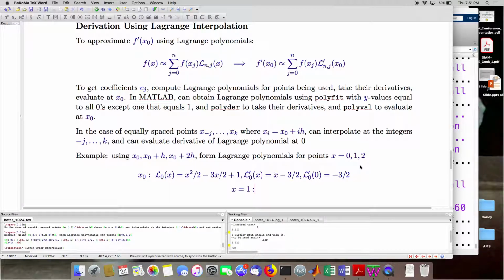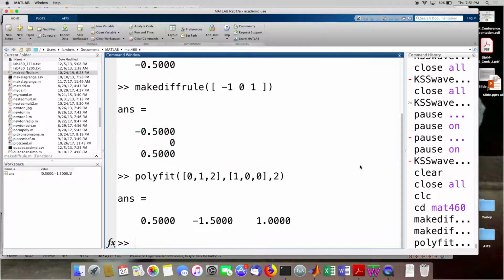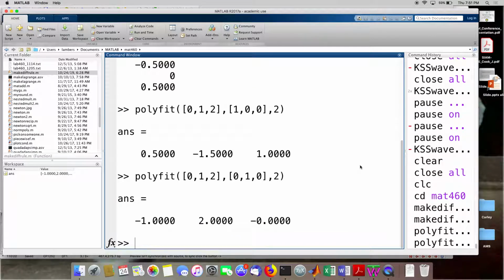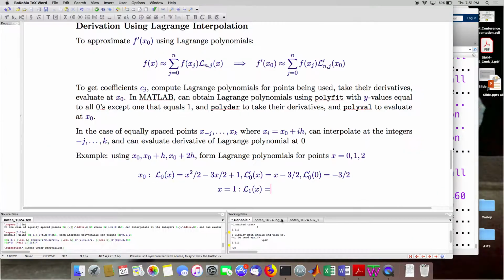For the second polynomial, I go back to MATLAB and put a 1 in the second position, and I get minus x squared plus 2x.